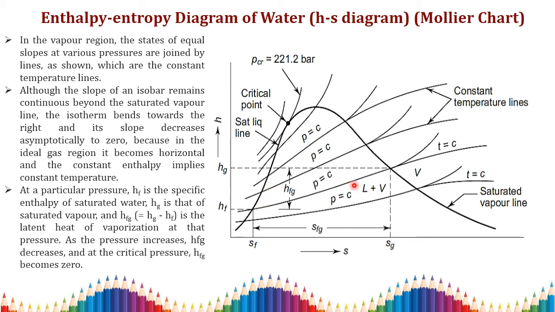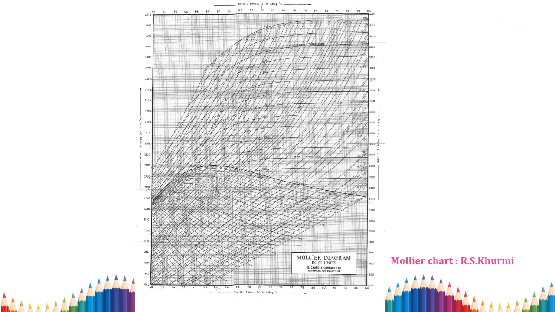These are the constant temperature lines and these are the constant pressure lines. Constant volume lines, specific volume lines, are also available in the enthalpy-entropy diagram. This is the actual Mollier chart we will use in further problems.